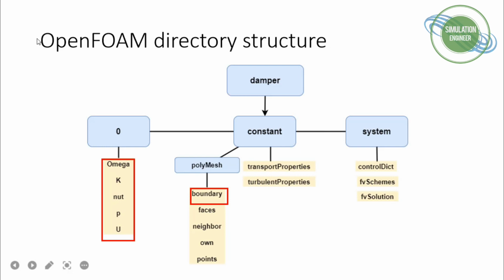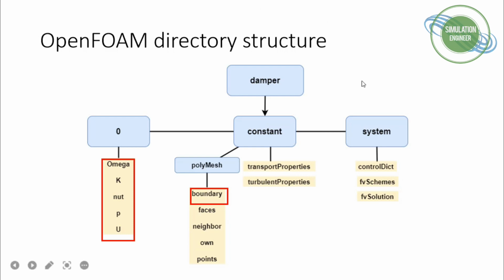And this will be the overall OpenFOAM directory structure for our test case. This is really standard, and for any test case where you perform a CFD analysis in OpenFOAM, it consists of these folders.